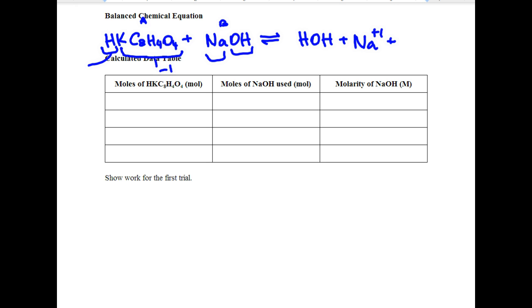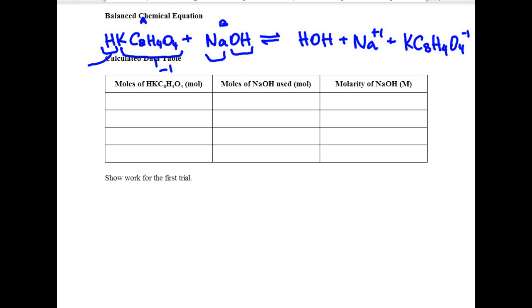So we shouldn't go about breaking things up and making it 8 C's and 4 H's and on and on. Rather, think of it as a polyatomic anion, meaning that the H to the left is a +1 charge. So whatever is left over, that is a polyatomic anion, that's a -1 charge. So we have KC8H4O4, and that's a -1.